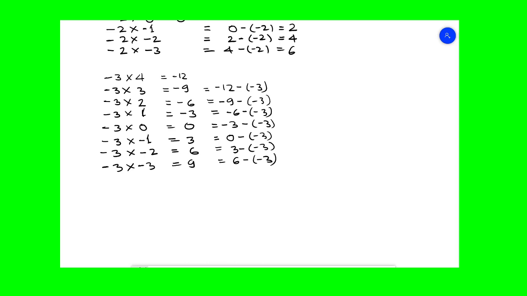When minus 3 is multiplied by minus 2, we get a positive number 6. Minus 3 when multiplied by minus 3, we get a positive number 9. So what we conclude? We conclude that when two negative integers are multiplied, we get a positive integer.